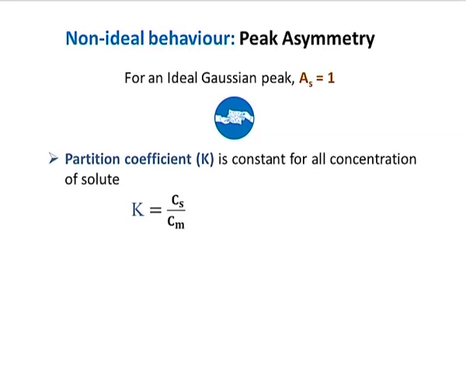Let us try to see this a little bit further. Now, for an ideal Gaussian peak, as I told you, this AS should be equal to 1. What does it mean? AS equal to 1 means that the partition coefficient is constant for all concentrations of the solute in all theoretical plates. If that happens, your peak would remain symmetric.